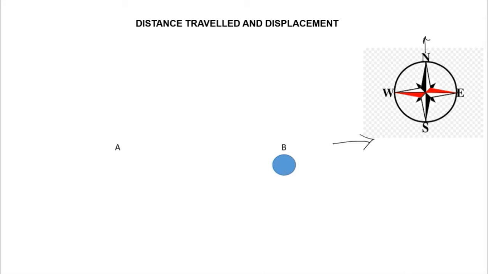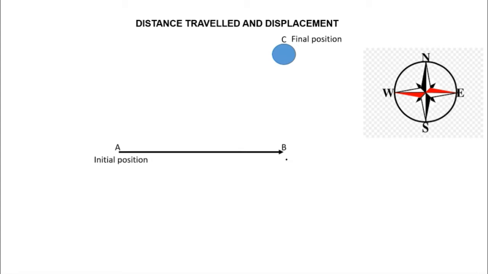So it goes towards north and reaches another position here, and that position we'll call C. Which was the initial position? A is the initial position, and then C will be the final position. It has moved from A to B and B to C. Let's draw that path.